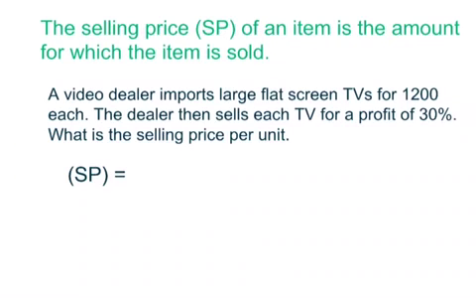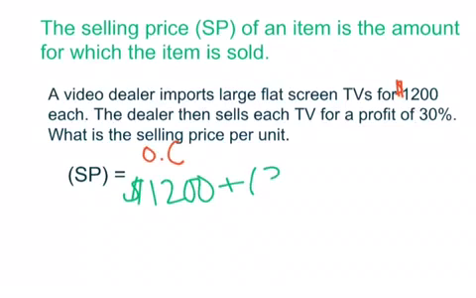Okay. The selling price of an item is the amount for which the item is sold. So if a video dealer imports large flat screen TVs for $1,200 each, the dealer then sells each TV for a profit of 30%. What is the selling price per unit? I'm going to take the original cost, that's $1,200, plus, in parentheses, the 30% times, or of, 1,200.